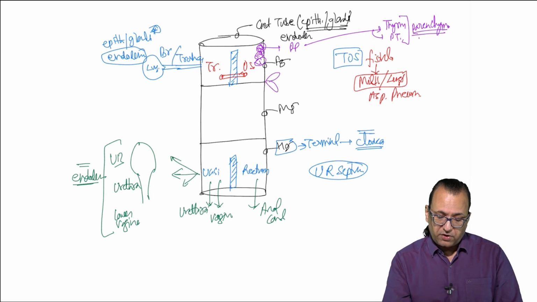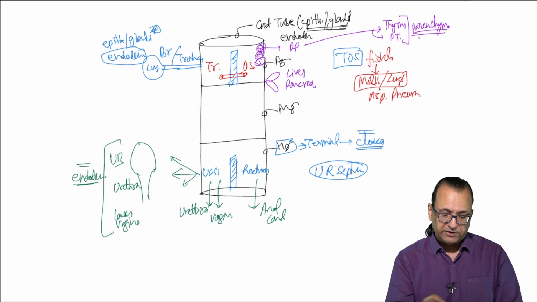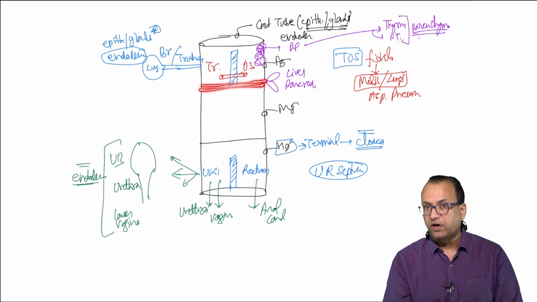At the junction of foregut and midgut, we had liver and pancreas. Though liver and pancreas develop at the junction of foregut and midgut, they are chiefly contributed by foregut, and their parenchymal tissue, that is glandular tissue.